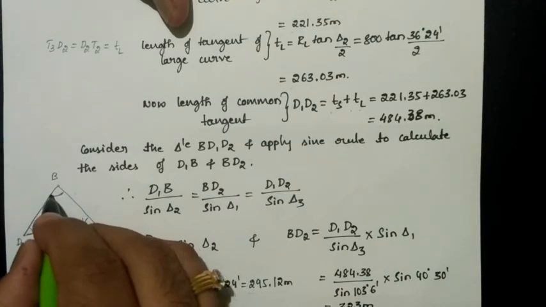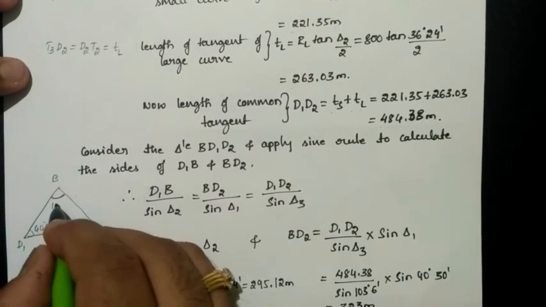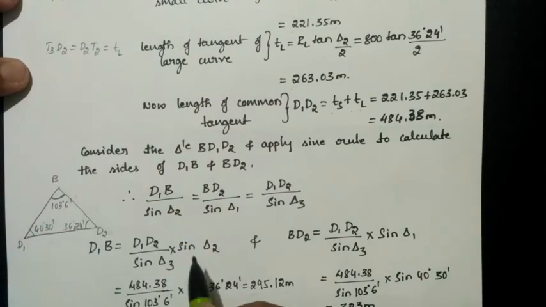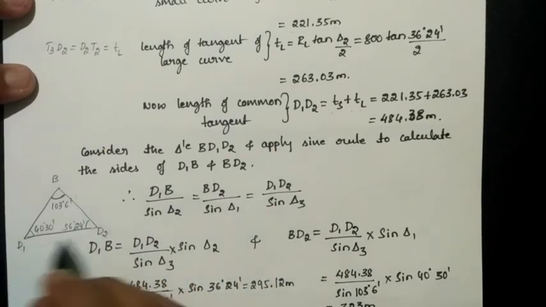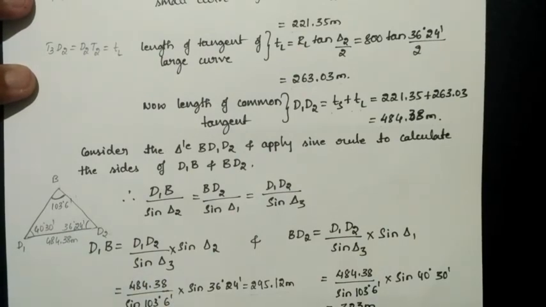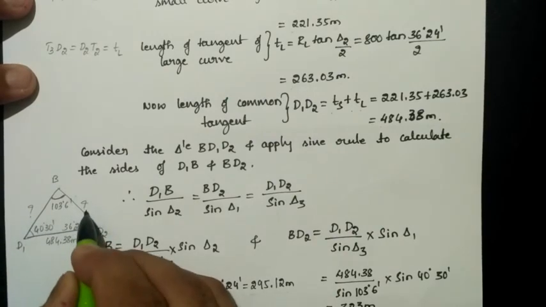And now we know the value of delta 3 also. It is calculated as 103 degree 6 minutes, and also we know the length of D1D2. It comes around 484.38 meters.